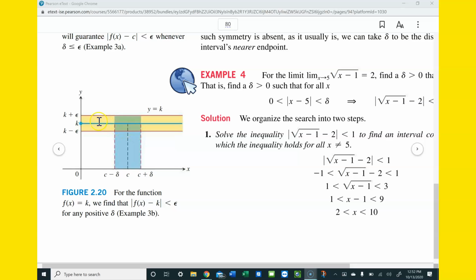It doesn't matter whatever epsilon is. Delta can be anything. You can make delta be a billion, and you're still going to be within epsilon of that value k.